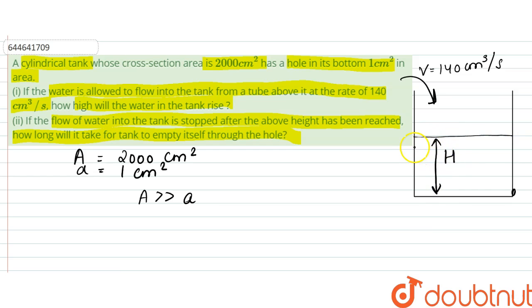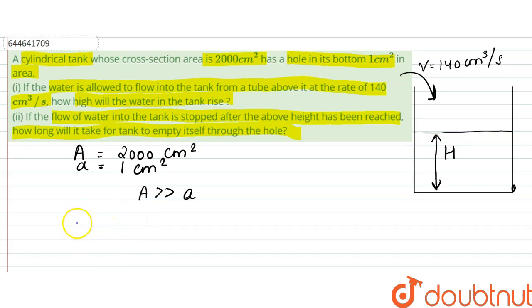So from here, applying the equation of continuity, what we can say is that this velocity capital V, and the velocity with which it is getting out, which is root over 2gh, would be equal to small a into this velocity.